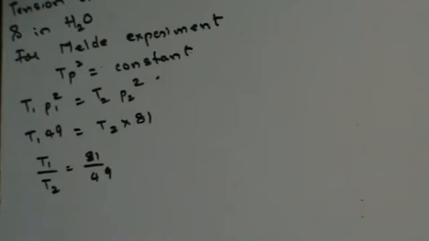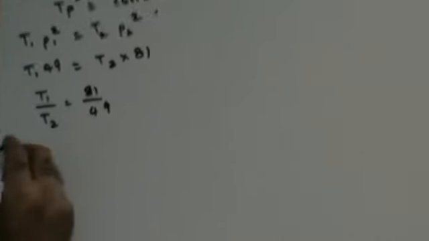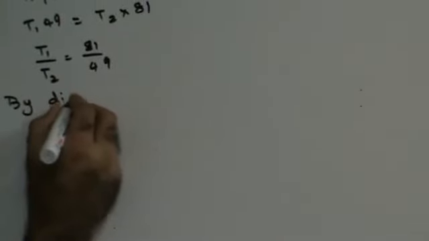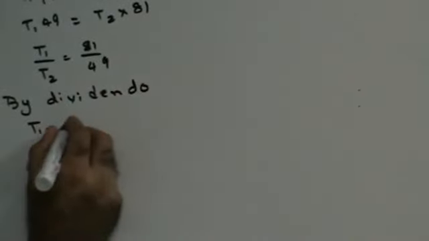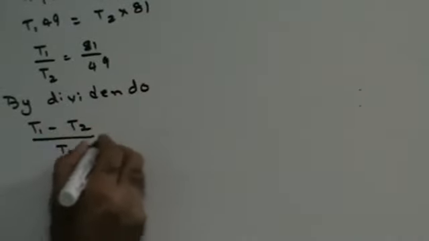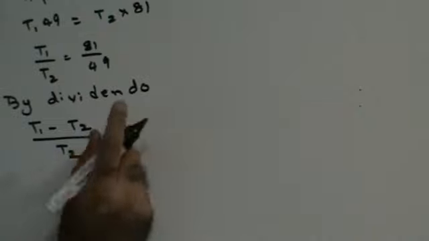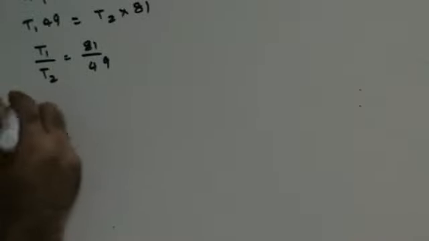Now I could say that if I do dividendo, T1 minus T2 upon T2. I want specific gravity, so I'll apply the theorem of equal ratio.